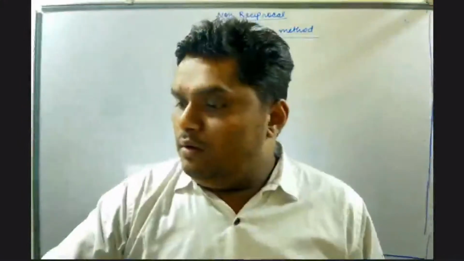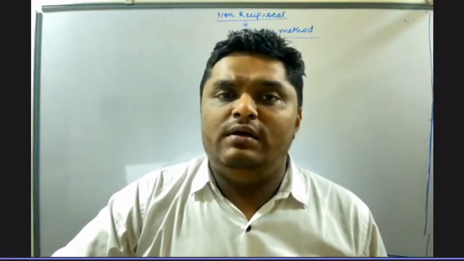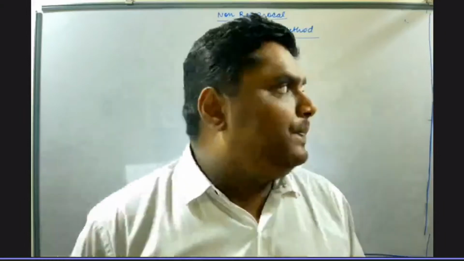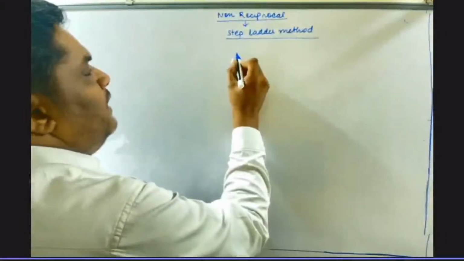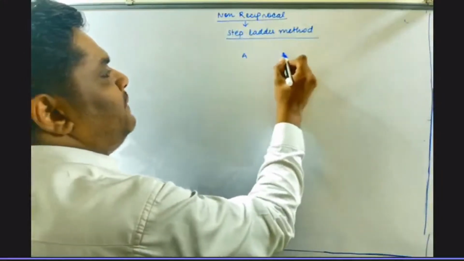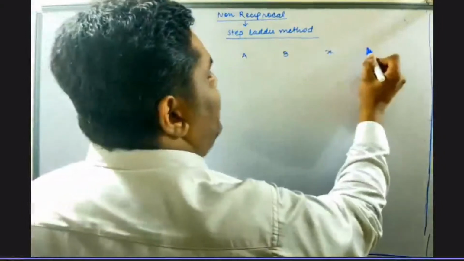Now, let me discuss the concept first, then we will start with the practical question. So let's say there are two production departments A and B and two service departments X and Y.